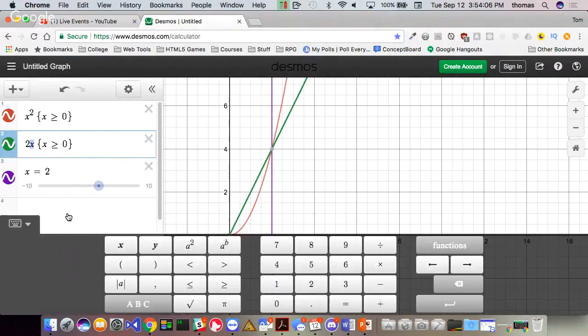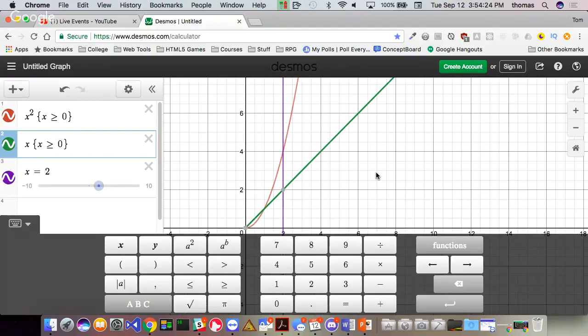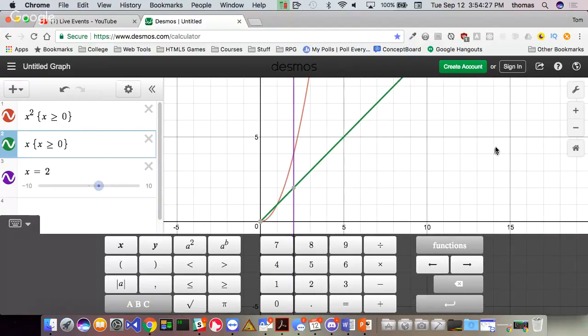If I wanted the function x, not 2x, let's just replace this with x. Here's x, a straight line, just like the other line. And if we multiply that by 2, we're actually scaling it up, but it looks almost identical to this one.